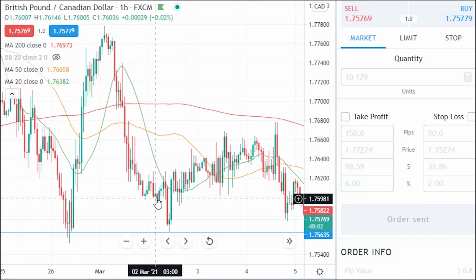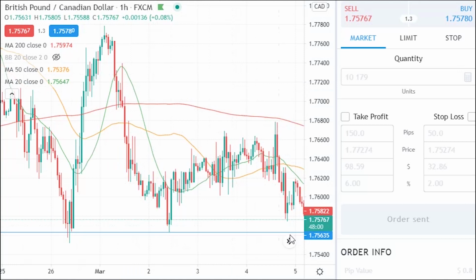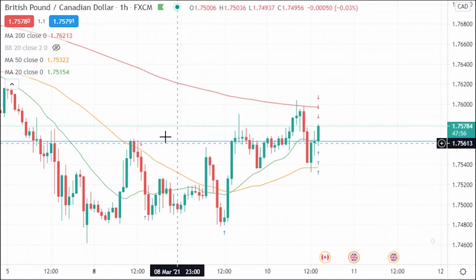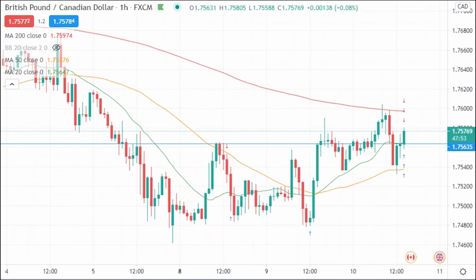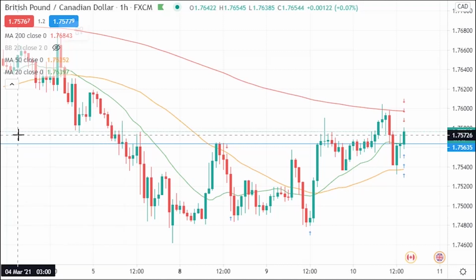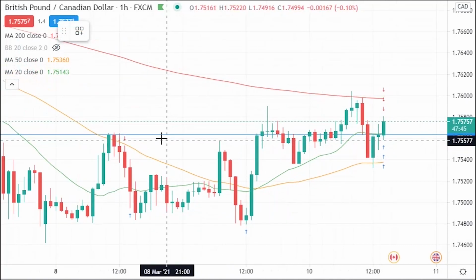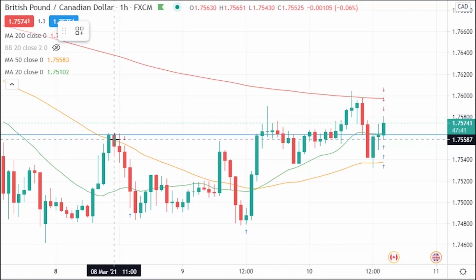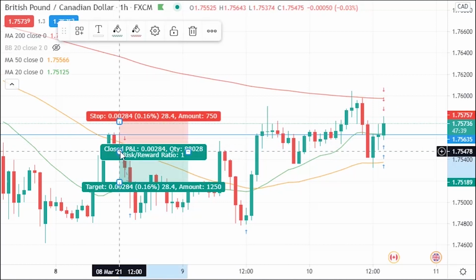So where I actually set my stuff, I'm going to get rid of the order pane. On this one, which I actually took, I would have entered at this candle right here. That's not a strong enough reversal candle, so I would have entered there.